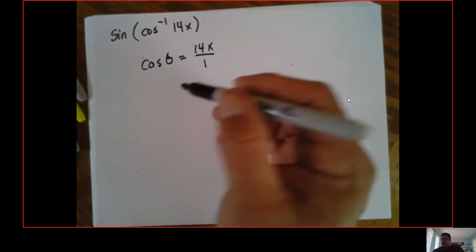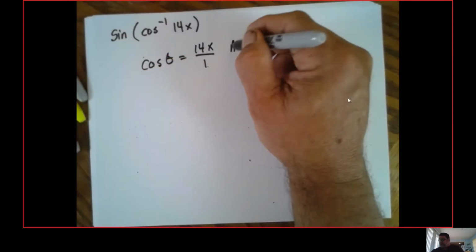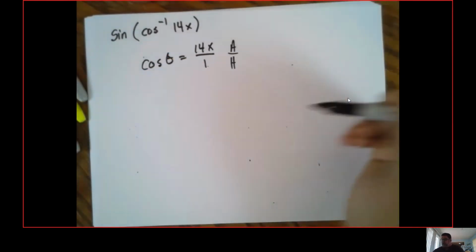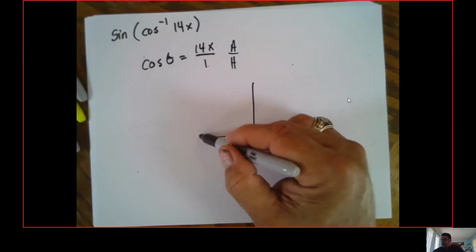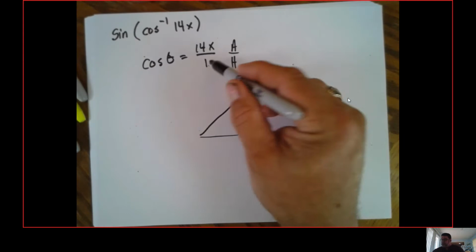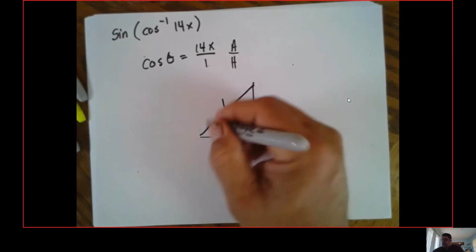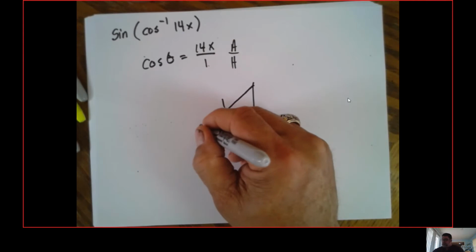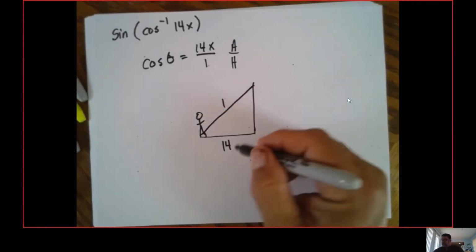So in this case, and we all know cosine, Oscar had a hunk. Draw your handy-dandy triangle. We know that the 1 is the hypotenuse and 14x is the adjacent, because little man always got his foot on the adjacent and the hypotenuse.